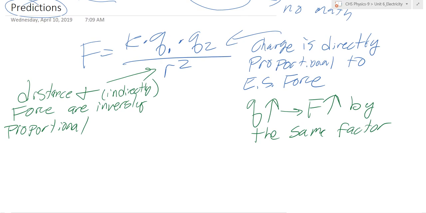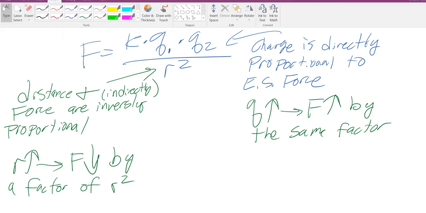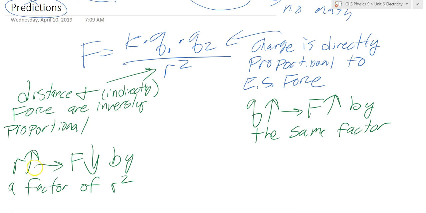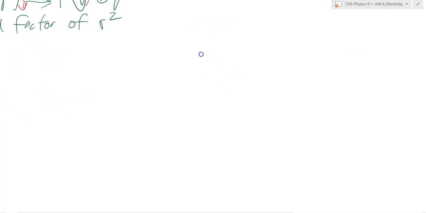Which means that if R goes up, that means F is going to go down by a factor of R squared. Okay, and the reverse would be true for each of these. So if R would go down, that means force would go up, and then if Q would go down, F would also go down. Okay, so let's get into what I'm talking about here.